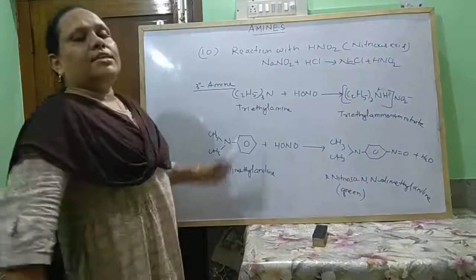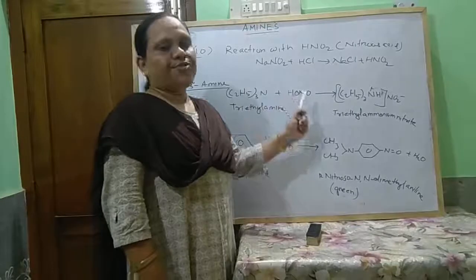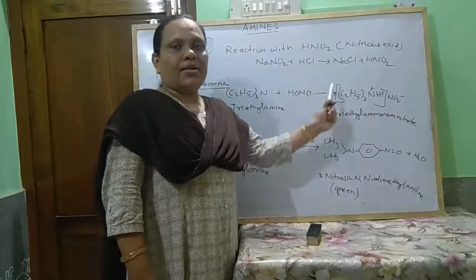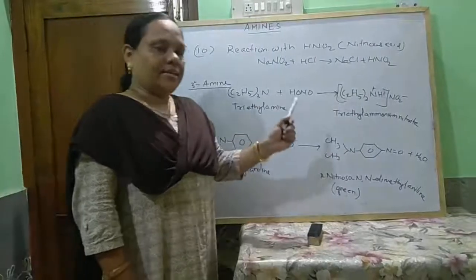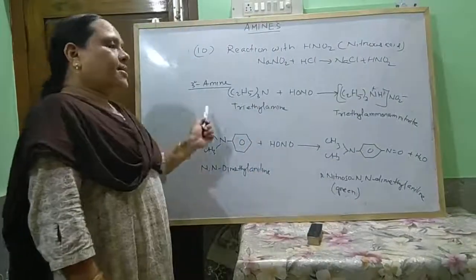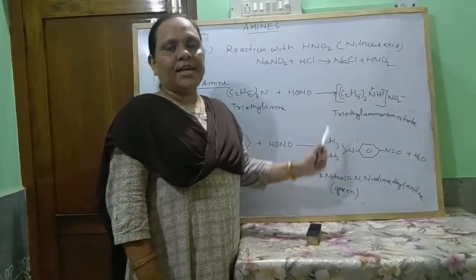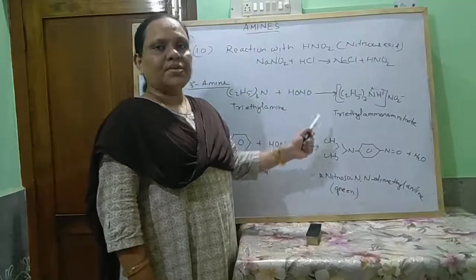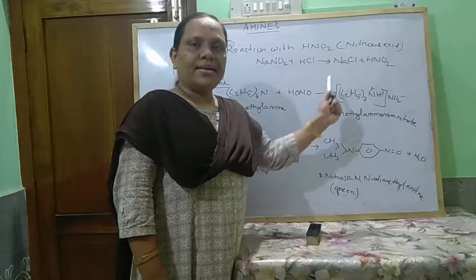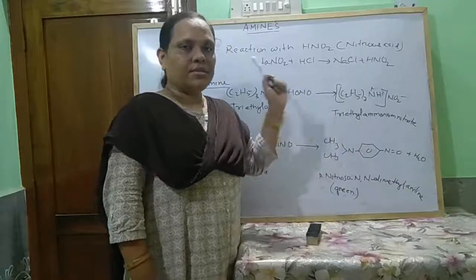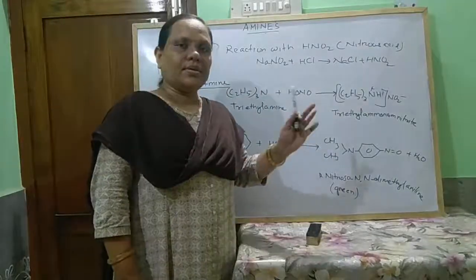Okay, so primary amine reacts with nitrous acid to form alcohol with evolution of nitrogen gas at low temperature as well as high temperature. Primary aromatic amines react differently with nitrous acid at different temperatures. At ice cold temperature, it forms a salt, aryl diazonium salt or benzene diazonium salt, and at high temperature, it forms phenol.